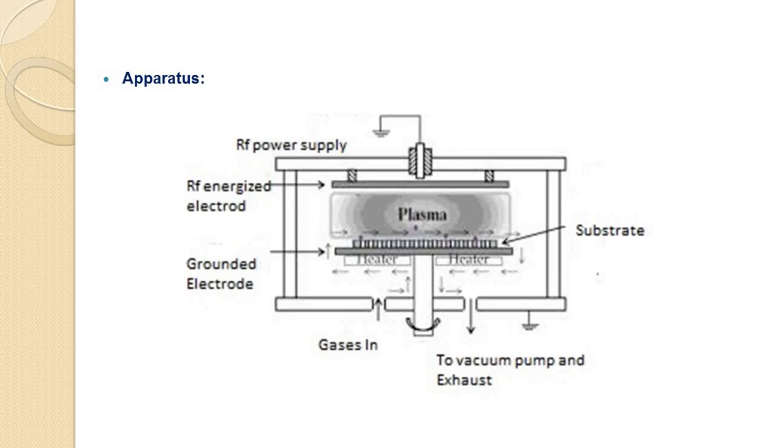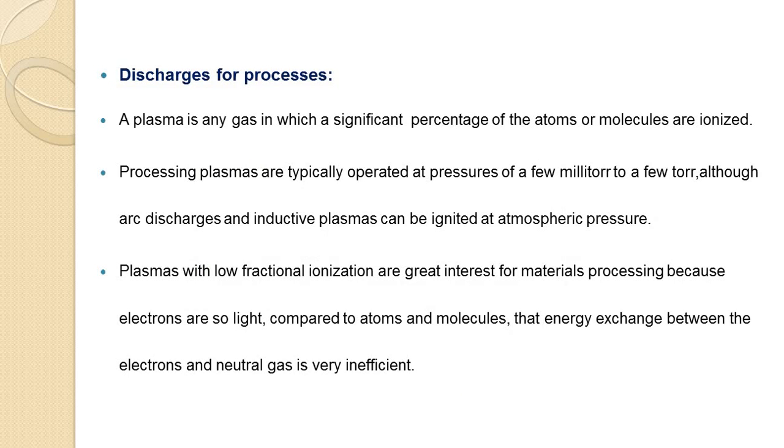These energetic electrons can induce many processes that would otherwise be very improbable at low temperatures, such as dissociation of precursor molecules and the creation of large quantities of free radicals.